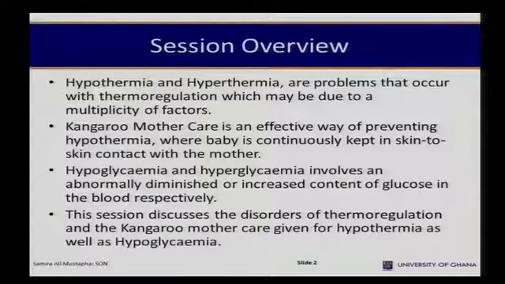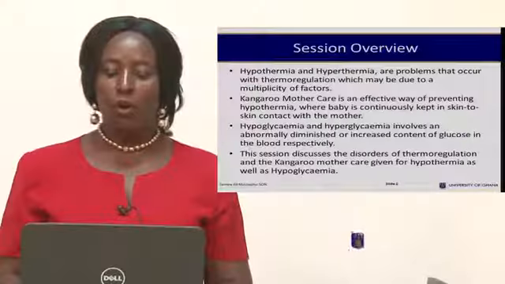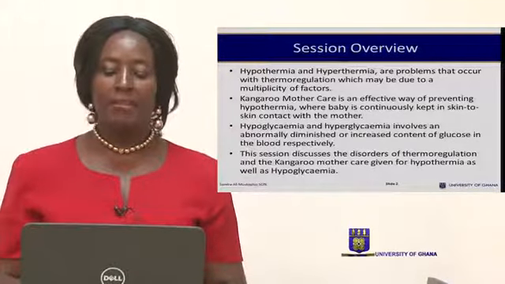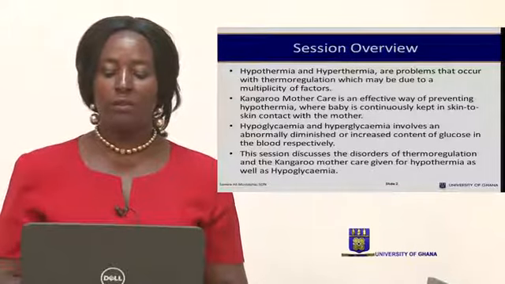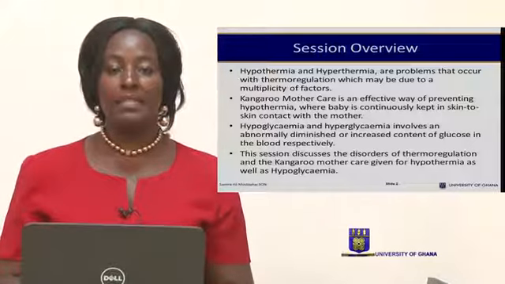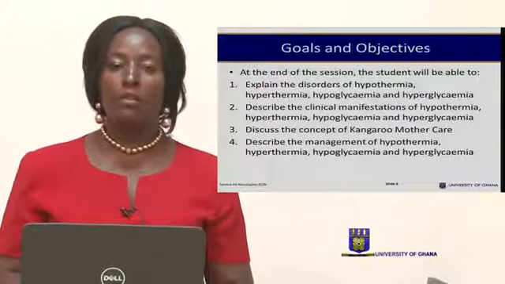And hypoglycemia and hyperglycemia involve abnormal, diminished or increased content of glucose in the blood. This session will discuss disorders of thermoregulation and kangaroo mother care giving for hypothermia as well as hypoglycemia. Goals and objectives.